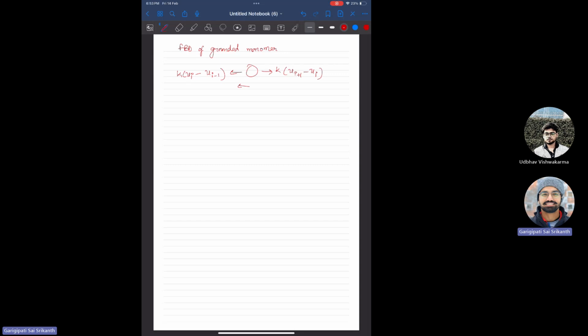And then this will be K grounding times the displacement minus the displacement of ground, which is zero. And this is mass times acceleration, equal to the forces.